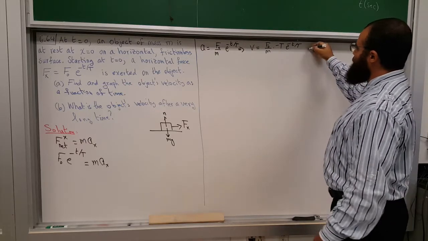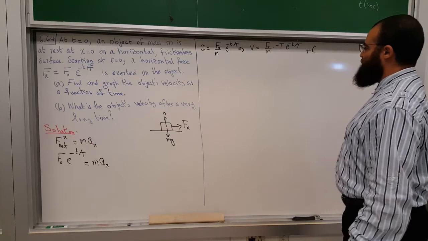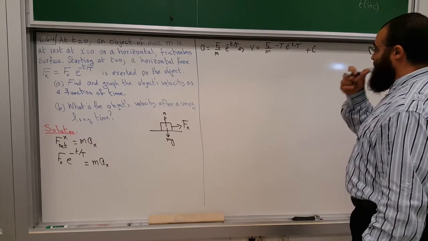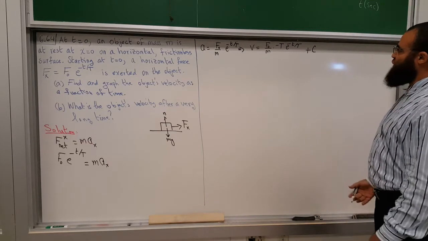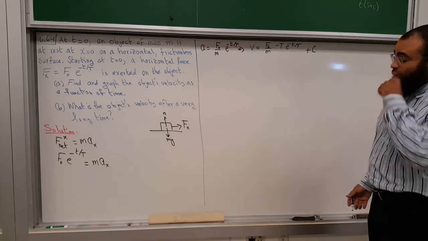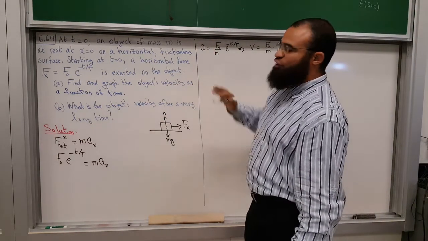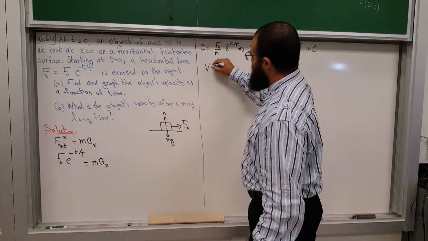But when you take an antiderivative, there is always some arbitrary constant. So now, how do I determine that arbitrary constant? I'm told that the velocity is 0 at time t equal to 0. So I'm told that v initial is 0.